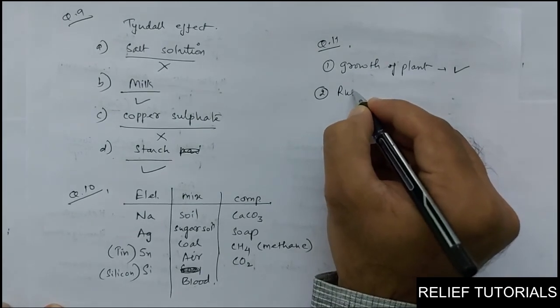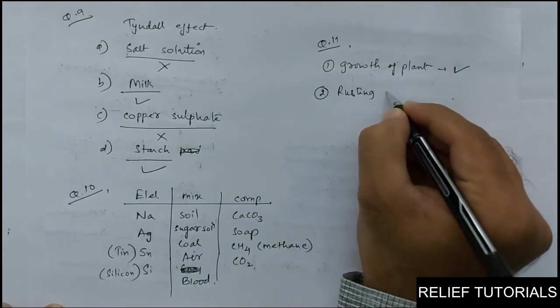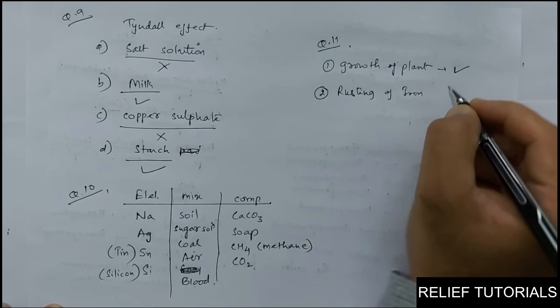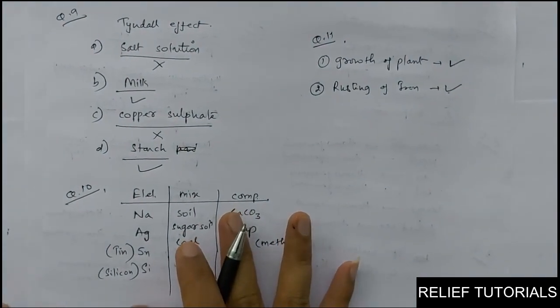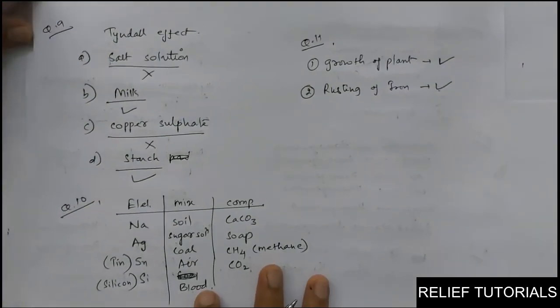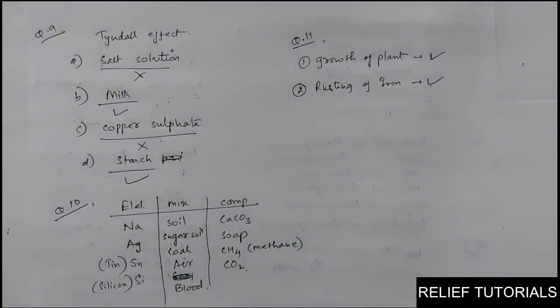Rusting of iron, it's a chemical change again, in which the iron reacts with oxygen in presence of water vapor. It is non-reversible. Once the iron gets rusted, it cannot be converted into pure iron. We know the chemical change is irreversible.